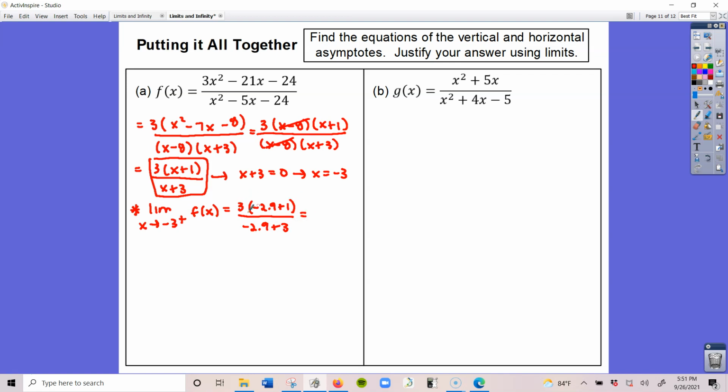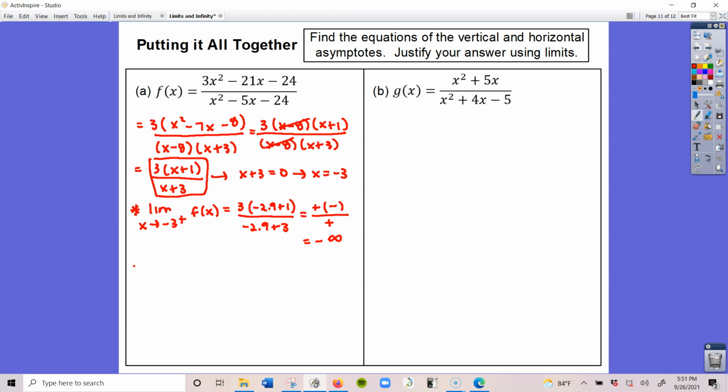In the numerator, I have the 3, which is positive. -2.9 plus 1 is negative, over -2.9 plus 3, which is positive. A positive times a negative is negative, divided by a positive gives me negative infinity.